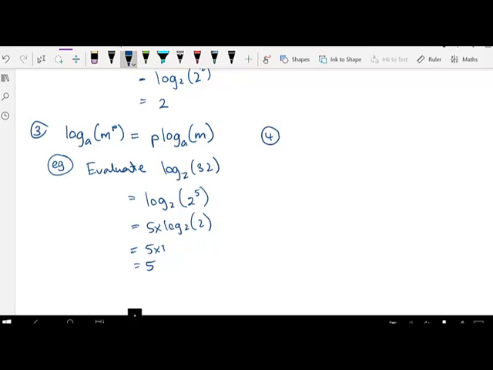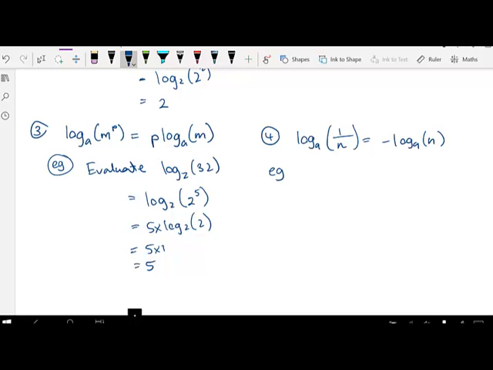Now, the fourth log law is going to be the negative log law. That's when we have log base a of 1 on n is equal to negative log base a of n. This allows us to simplify fractions within logarithms quite easily.